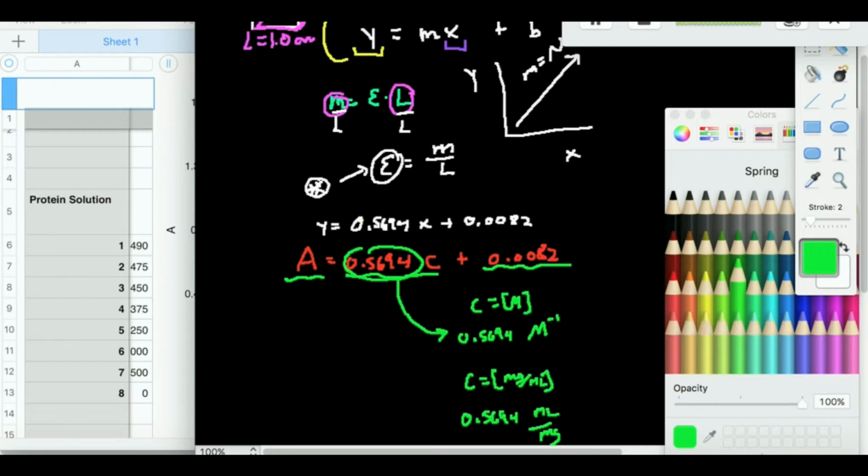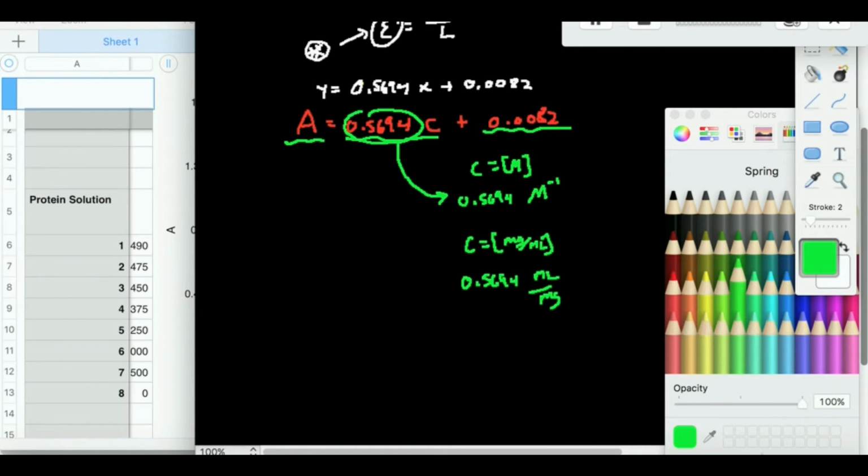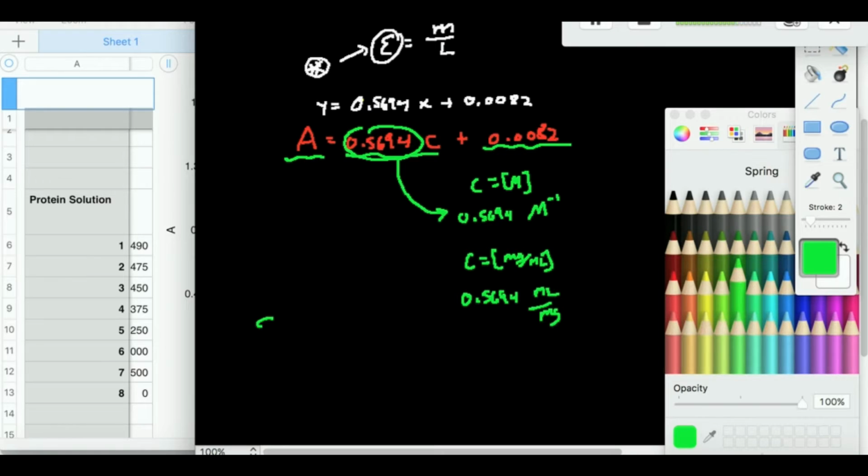Now, remember, we want to determine the extinction coefficient. This is what we're going to do. The extinction coefficient we have shown is the slope, this number, divided by the path length. So it's going to be slope divided by length. The slope we just found was 0.5694 milliliters per milligram.